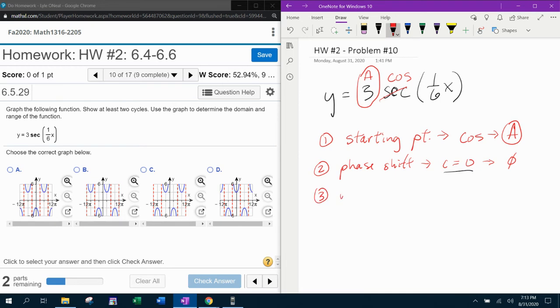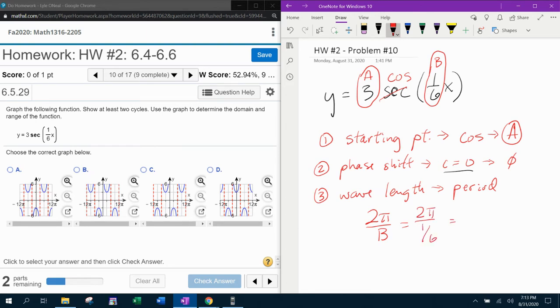Step number 3 is the wavelength. And the wavelength is the period. Now the period formula for sine and cosine is 2 pi over b, where b is the coefficient of x. So this is going to be 2 pi over 1/6.